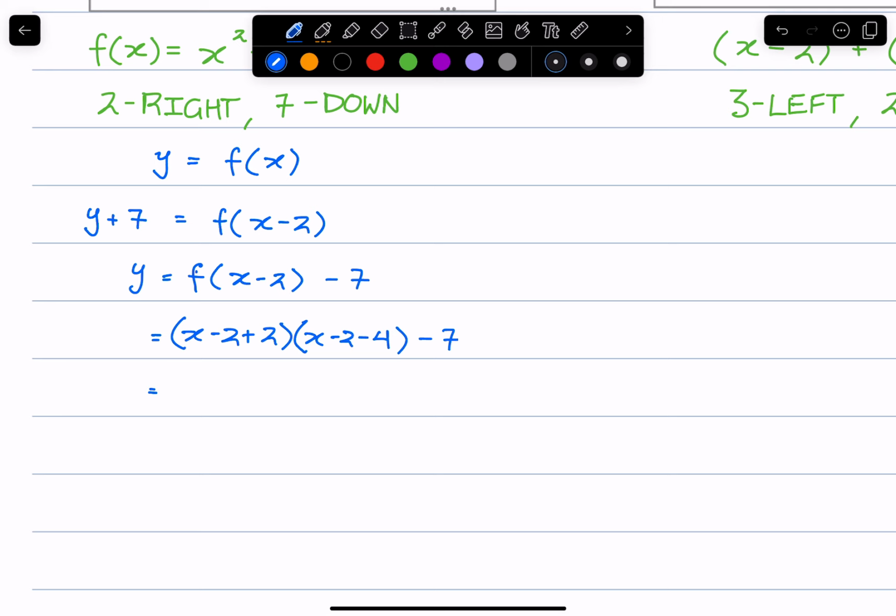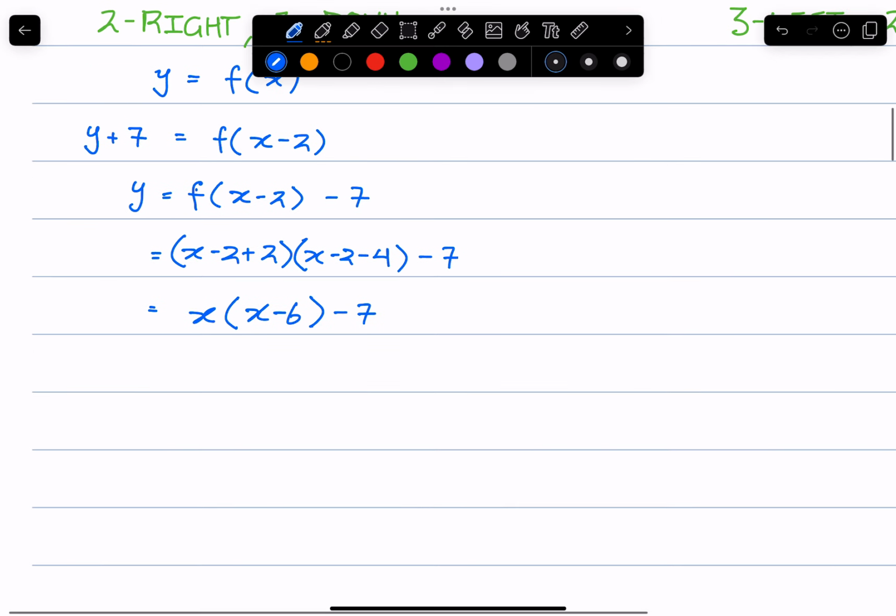And simplifying this expression, we get x minus 2 plus 2, x minus 6, minus 7. And now expanding this, we get x squared minus 6x minus 7. And there is our new transformed function.